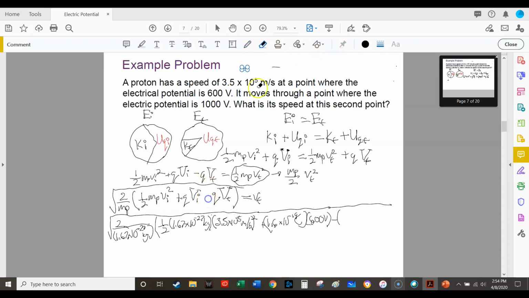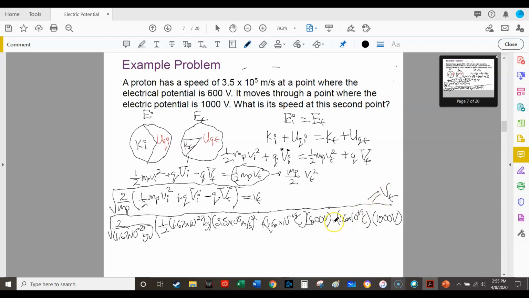I should have been subtracting off that final. Sorry about that. That final guy is just right there. I forgot I had to subtract that off, which is going to be the charge of a proton, 1.6 times 10 to the negative 19 coulombs, times 1,000 volts. And that is our final velocity.